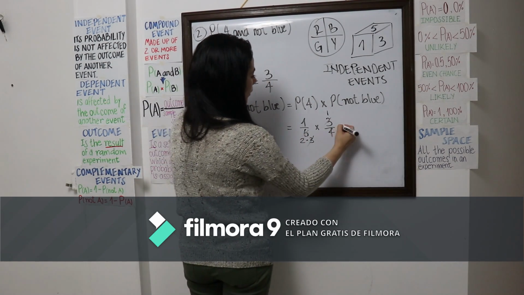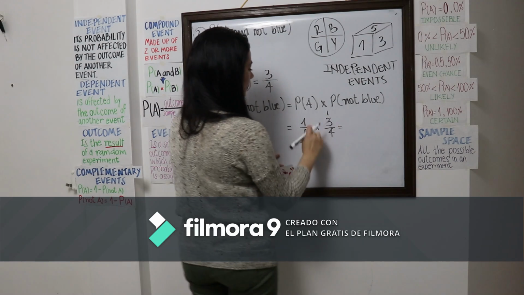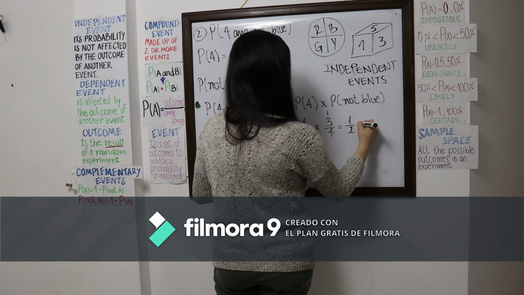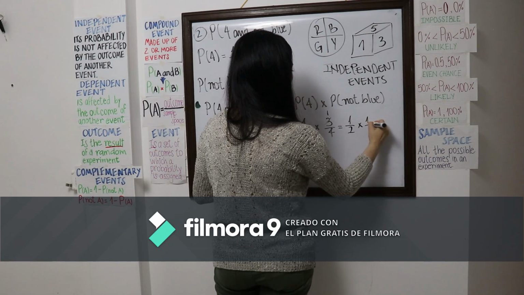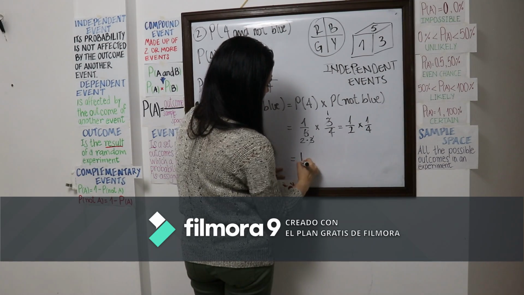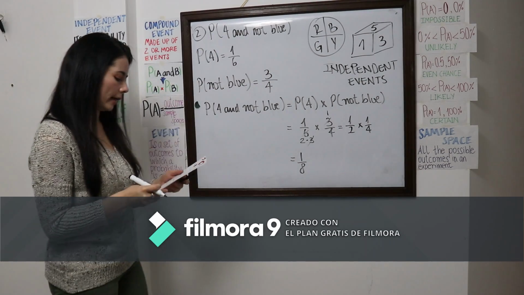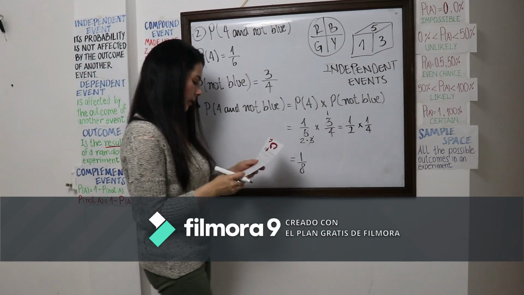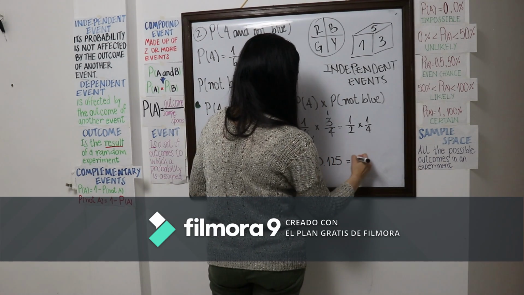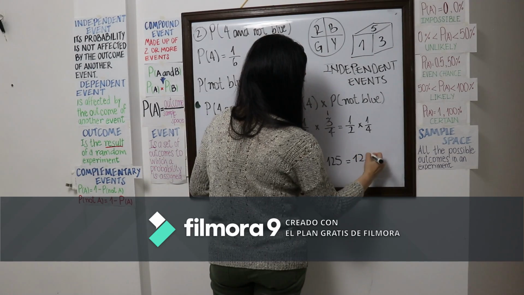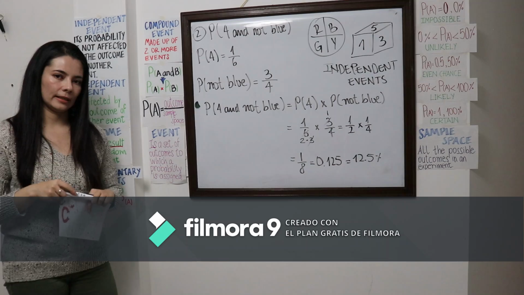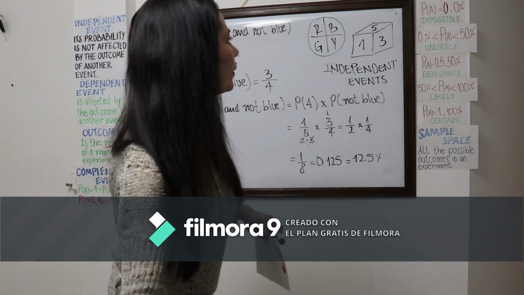And so I know this is actually going to be 1/2 times 1/4, right? And this gets us into 1/8. 1/8, the decimal number here is going to be 0.125, and I know the percent is going to be 12.5%. Okay? All right.